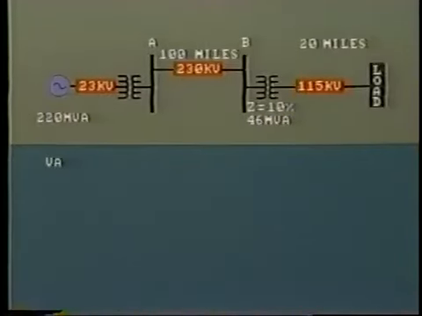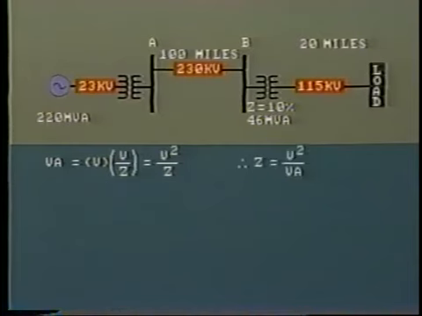First, VA, voltage times current, equals voltage times voltage over impedance Z, or V squared over Z. By transposing, we find that Z, impedance, equals V squared divided by voltamps. In terms of the power system, impedance per phase equals kV squared divided by MVA.